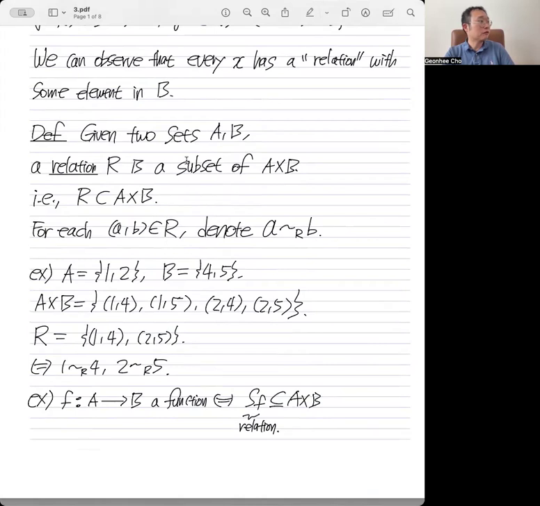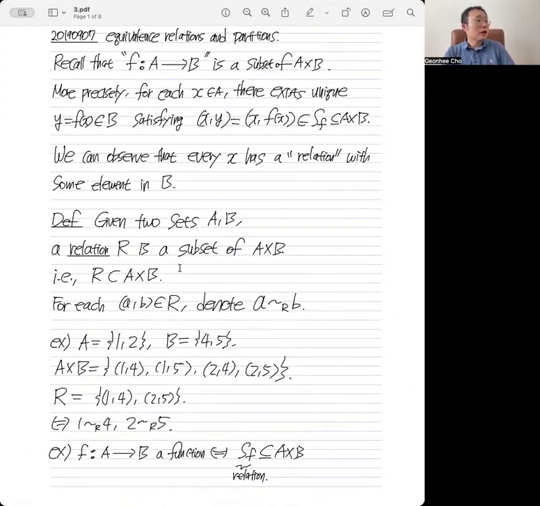Previously, we learned about functions. A function was a rule that assigns to each element of one set exactly one element of another set. But we can look at a function from a slightly different viewpoint. A function is a collection of input-output pairs.